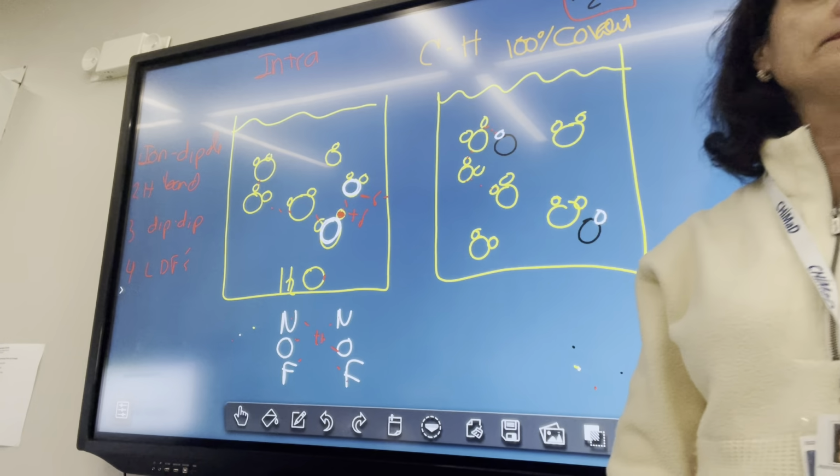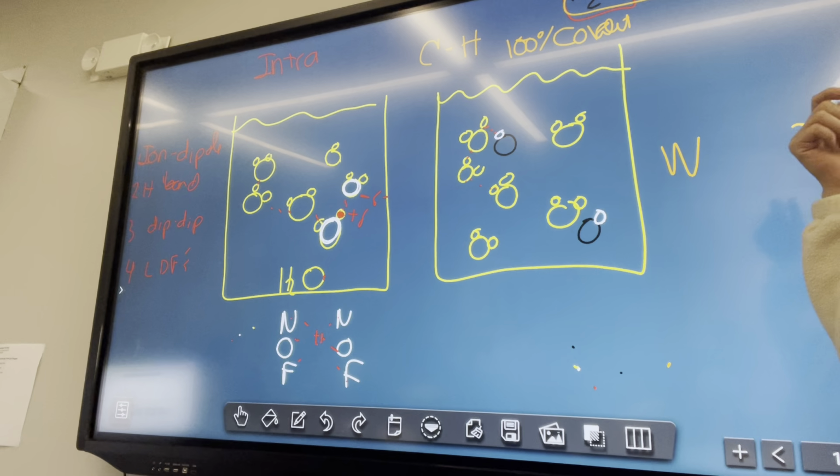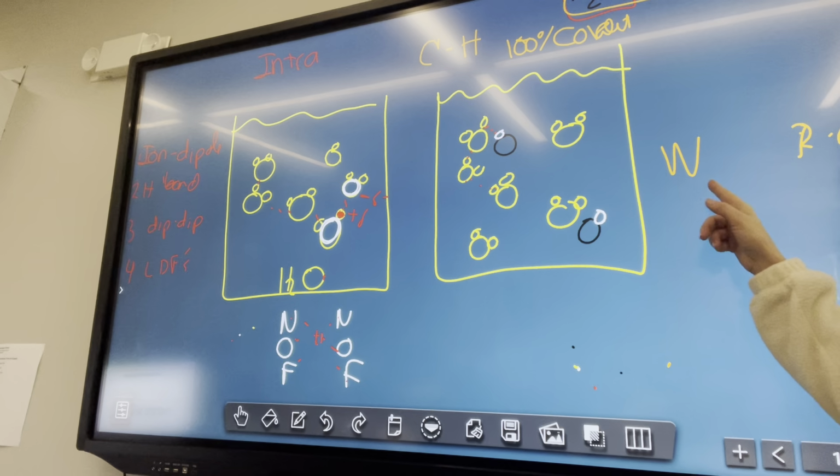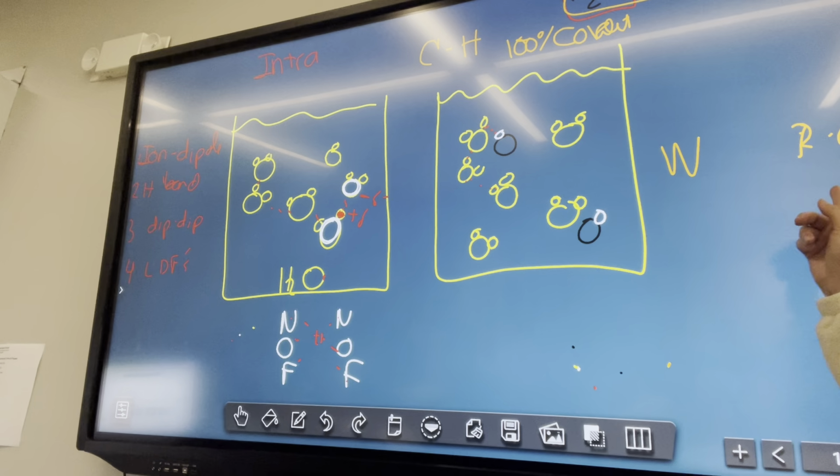C2H6 would be ethane. If you replace one H with an OH, it's ethanol. So which one will start boiling faster, the water or the ethanol? You said the ethanol? What do you think? Guess. I'm going to ask the whole class.